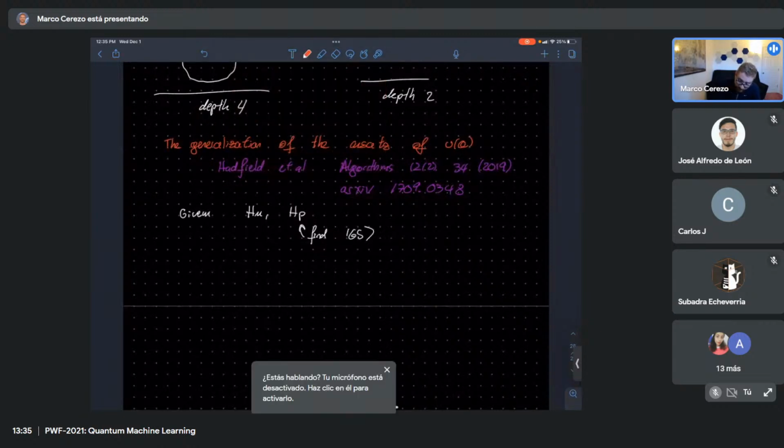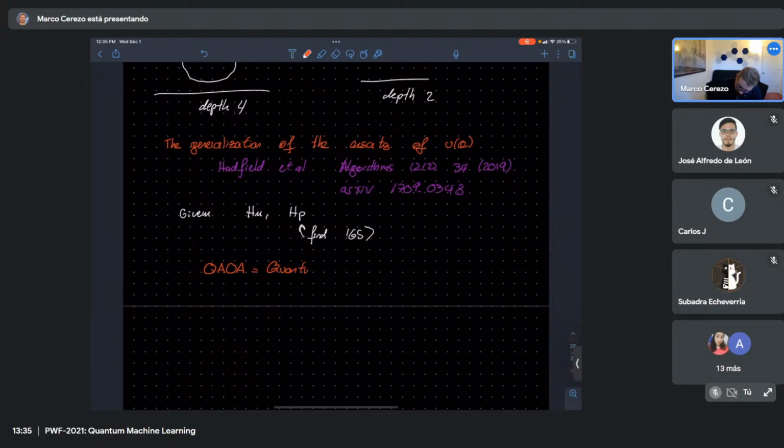It's very funny because a lot of times you might look at some reference and they use QAOA as the quantum alternating operator ansatz. So this is an ansatz for a quantum circuit where you alternate quantum operators.